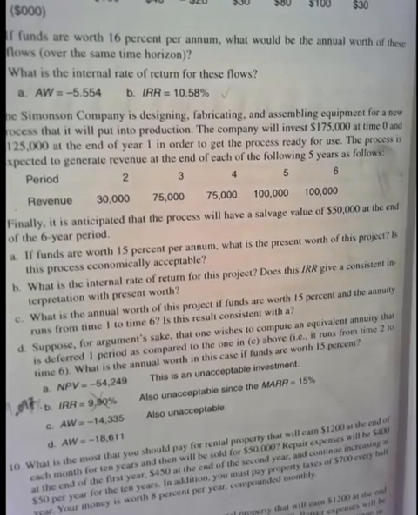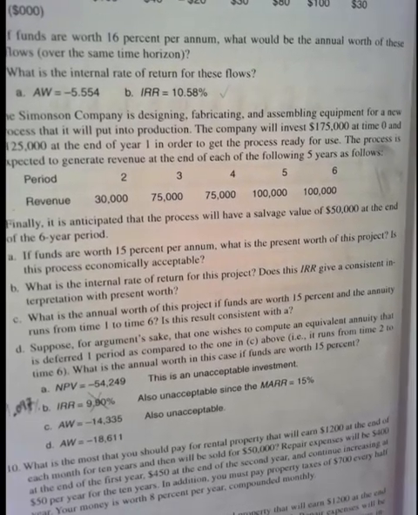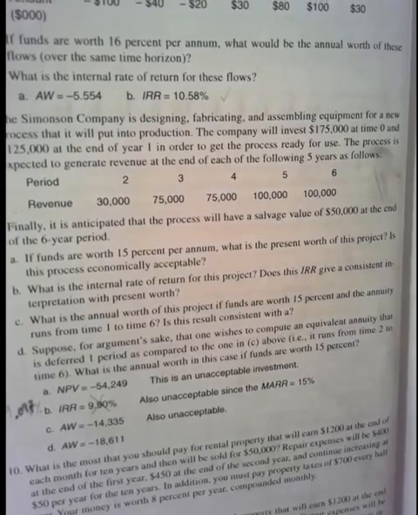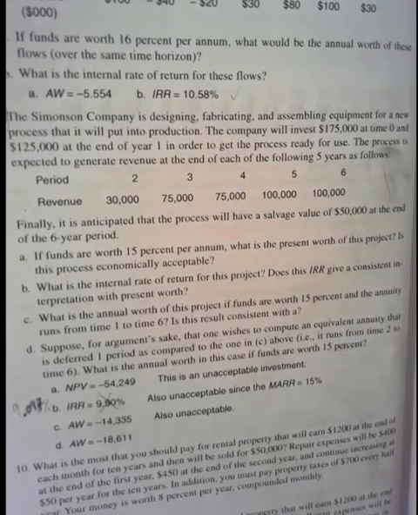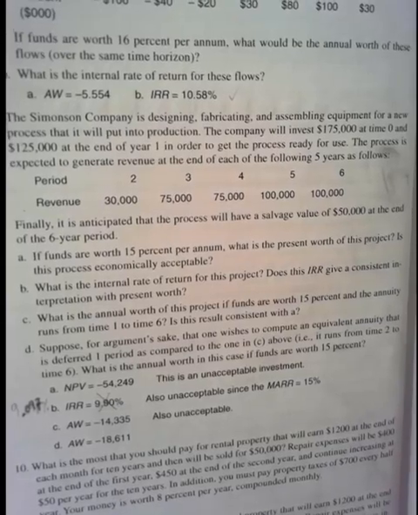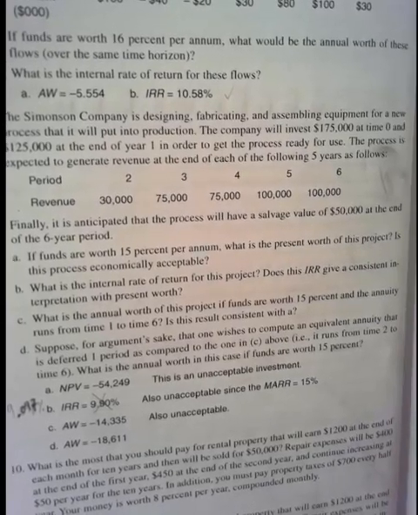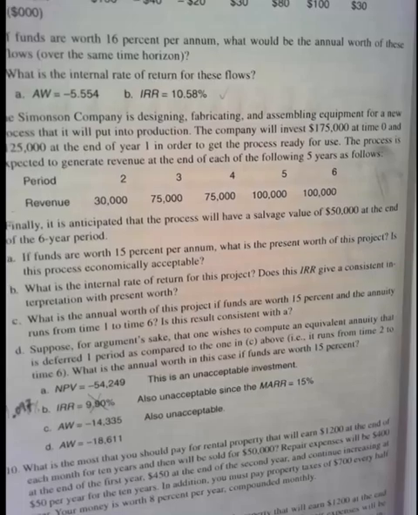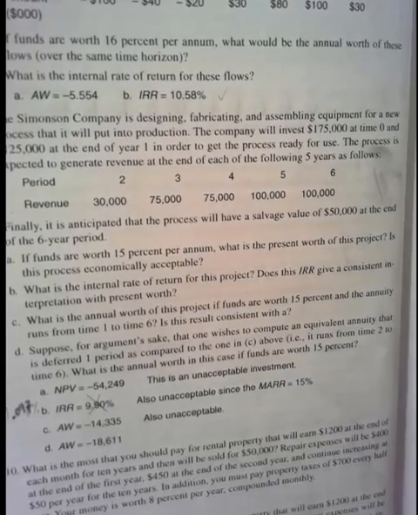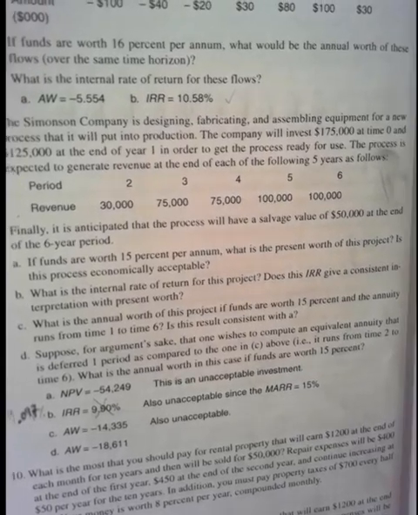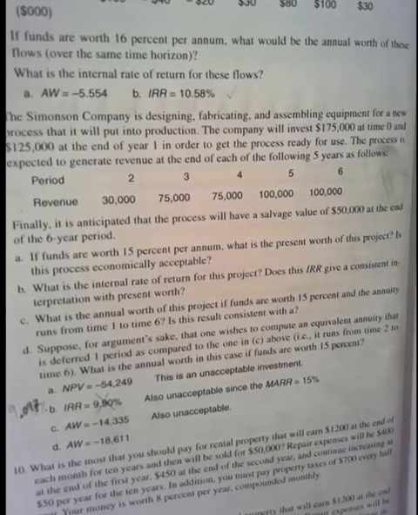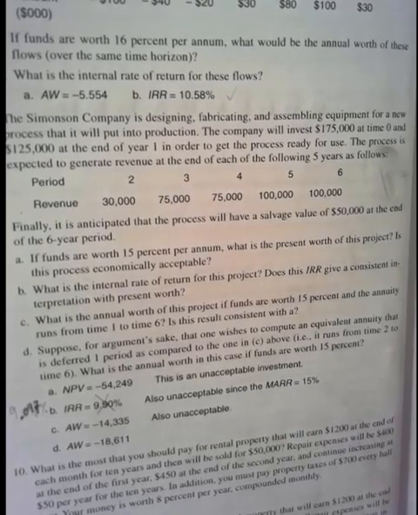Part B. What is the internal rate of return for this project? So we need to compute the interest rate that makes the net present value of this series of cash flows equal to 0. And then the question asks, does this internal rate of return give a consistent interpretation with the present worth? So we have to find an interest rate that is greater than 15%.